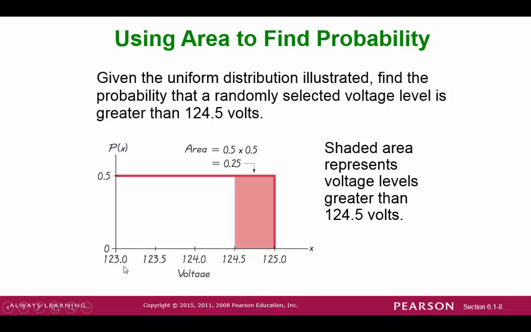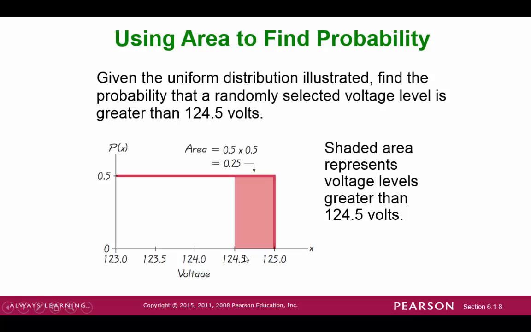So if we want to find the area that a randomly selected voltage is greater than 124.5 volts, we look at the area under the curve from 124.5 volts to anything that's larger than that.